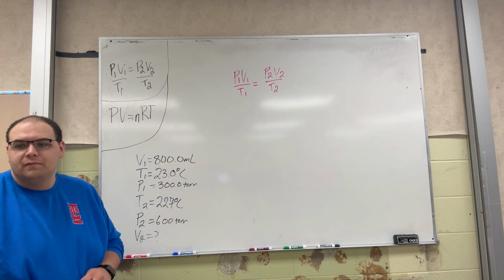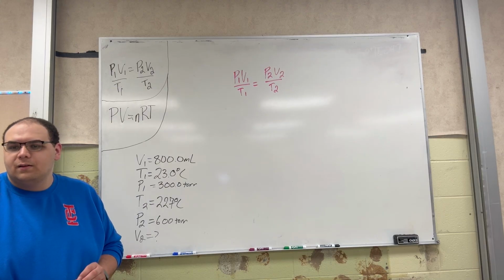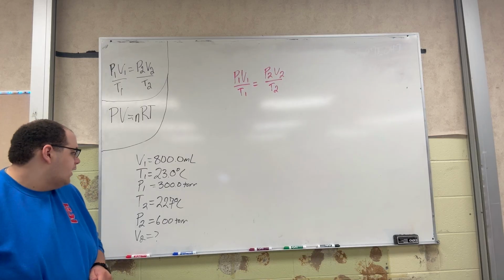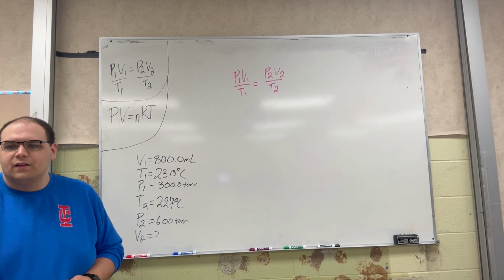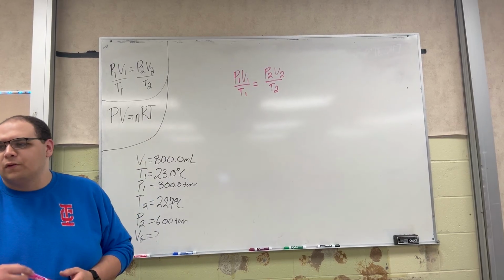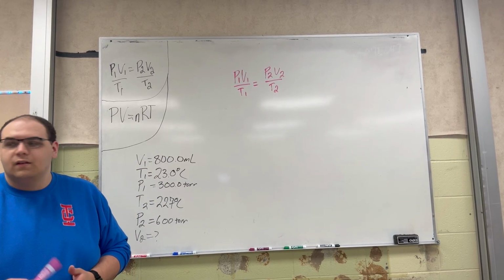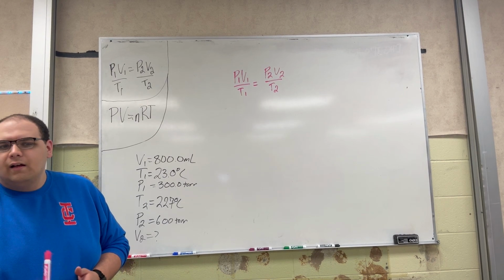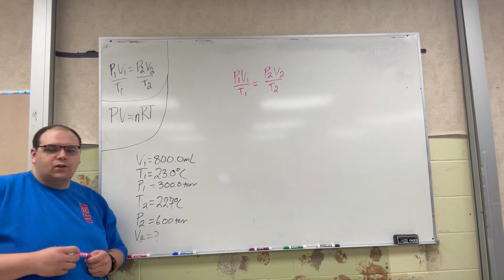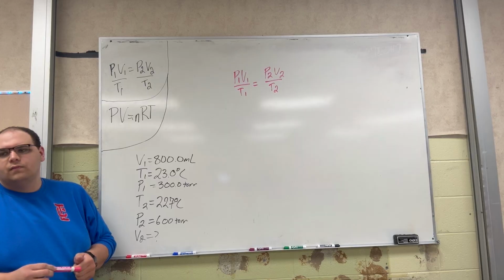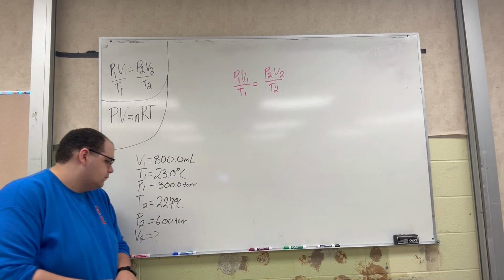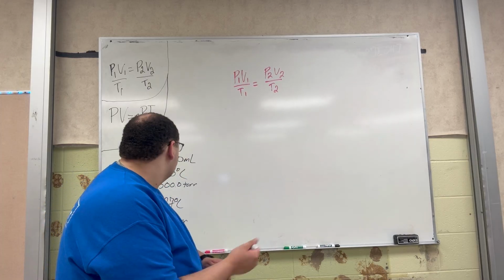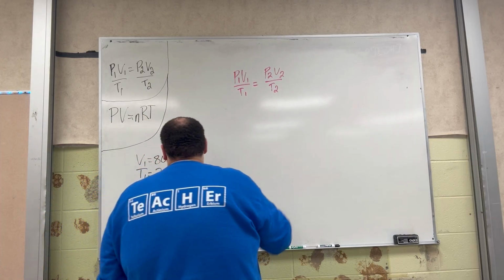Do you have them all mixed up? You have V1, T1, P1, T2. I just wrote them in the order I read them from the problem. Is there anything that I can cross out or ignore? No, because I got one of each at least. So plug them in.